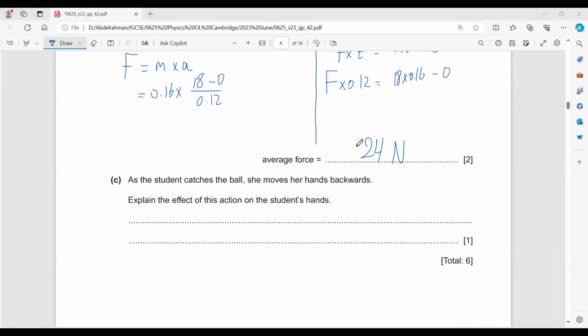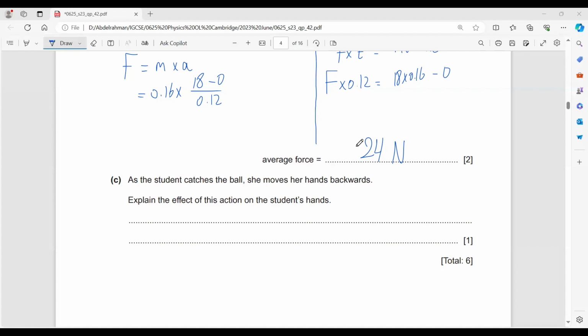She's trying to increase the force. No, not increase the force. She's actually trying to decrease the force. The ball is coming towards her and she wants to catch it. If she catches the ball this way, it would be less of an impact, so it won't be as painful, which is correct.